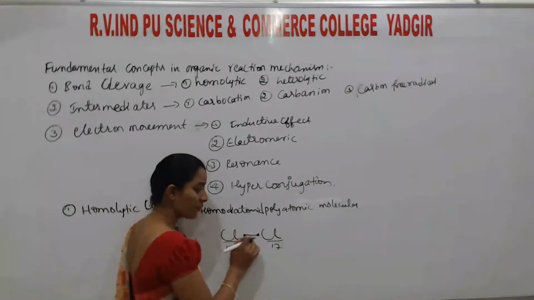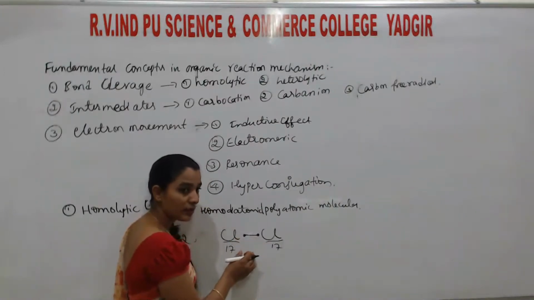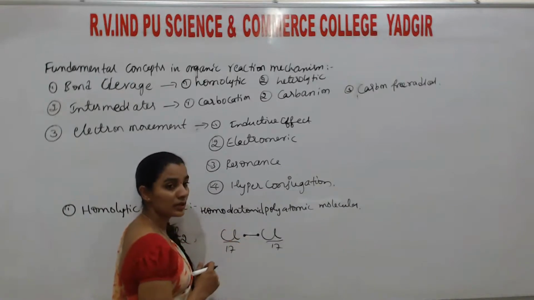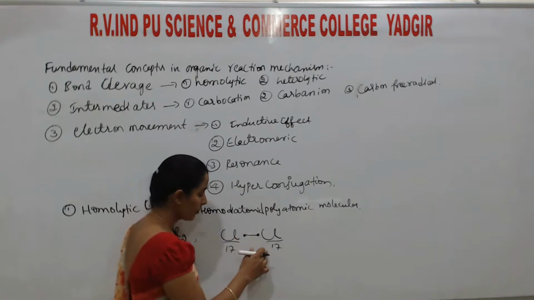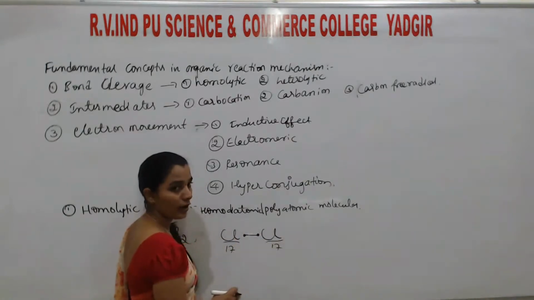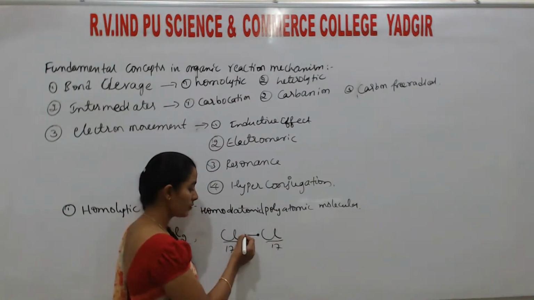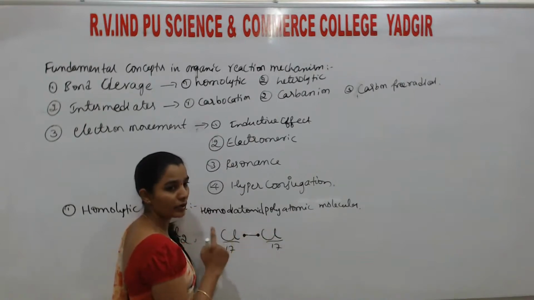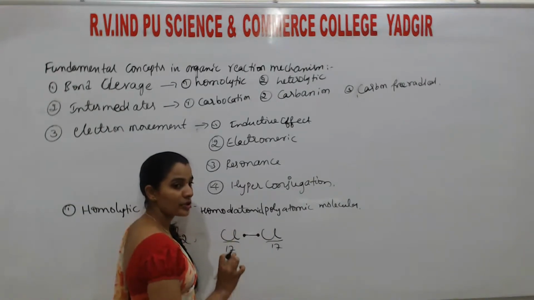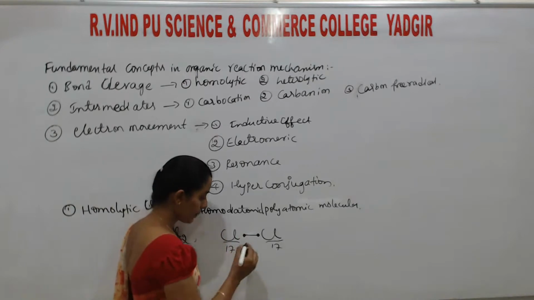Then the force of attraction or repulsion balances with each other, which means no electron can move towards either atom. So the force of repulsion and force of attraction are balanced. So then what happens, students?